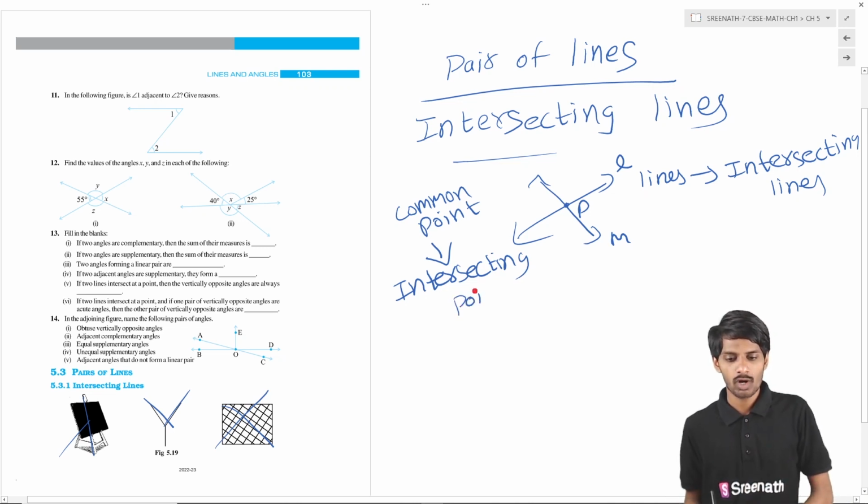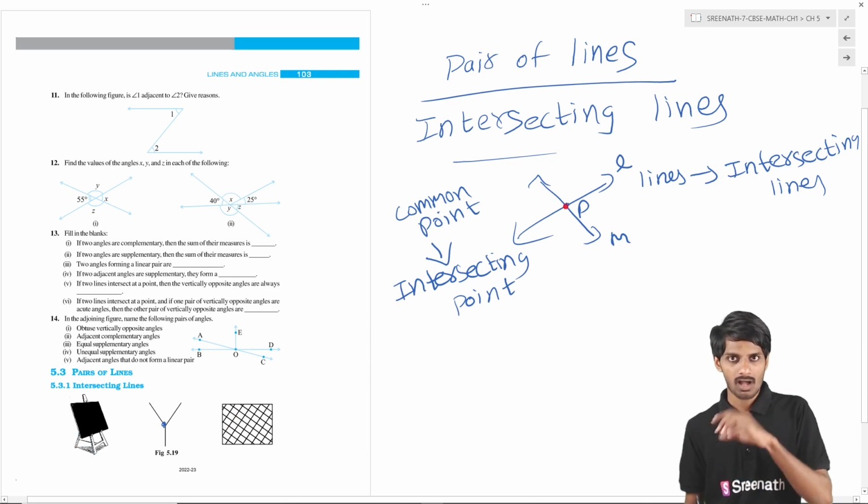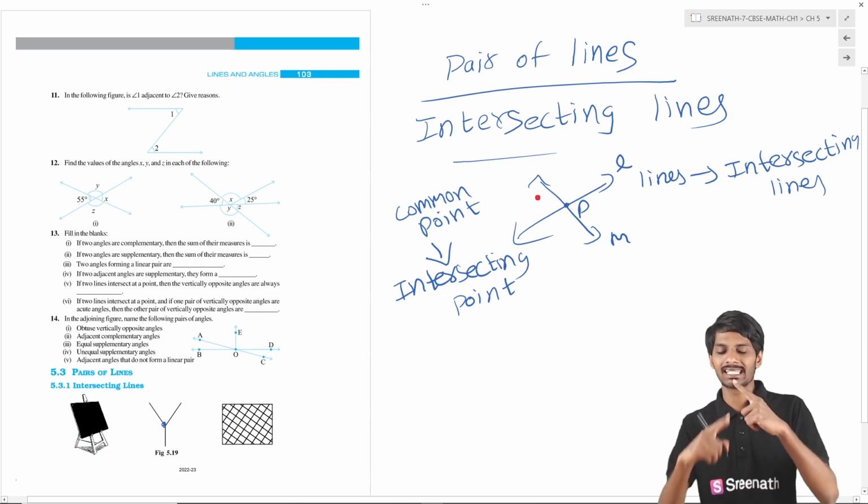In this diagram, these two are the intersecting lines, and this is the common point. And in this diagram, there are so many intersecting lines, and there are so many points. The intersecting point is the common point when two lines intersect or cut each other.